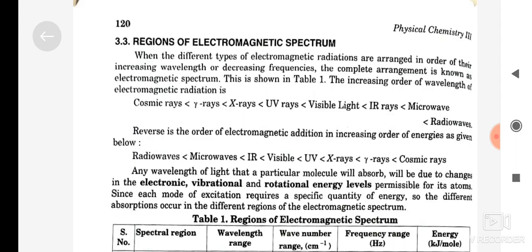Any wavelength of light that a particular molecule will absorb will be due to change in the electronic, vibrational and rotational energy levels permissible for its atoms. Since each mode of excitation requires a specific quantity of energy, the different absorbances occur in different regions of the electromagnetic spectrum.